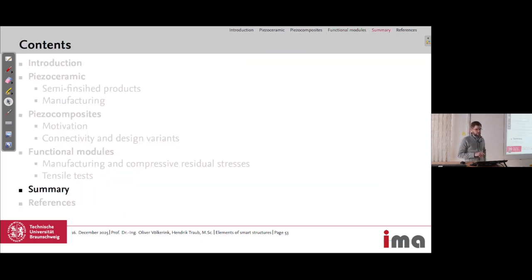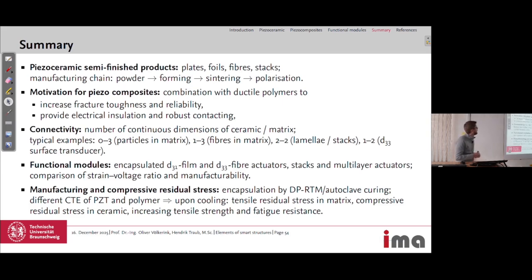And with this, we come to the summary of this lecture. We can have different semi-finished products for piezoceramics: plates, foils, fibers, or stacks. They are manufactured in a similar chain, but with different processes. We have first the powder, we form it, then we have the sintering and the polarization.